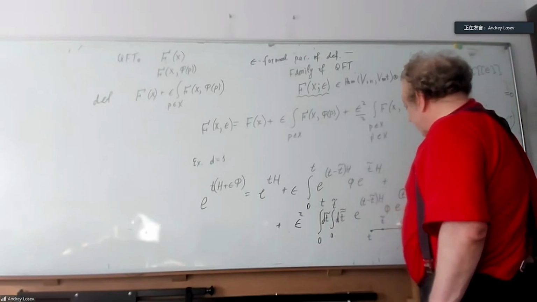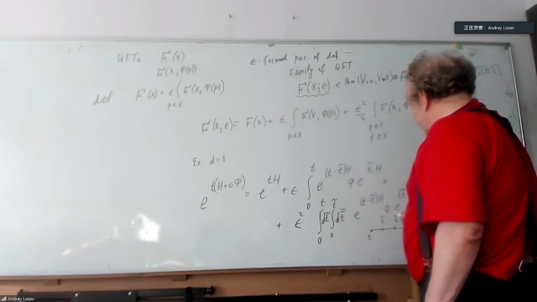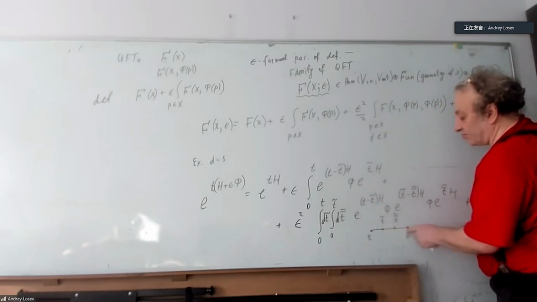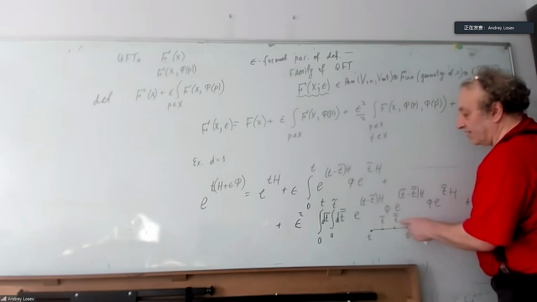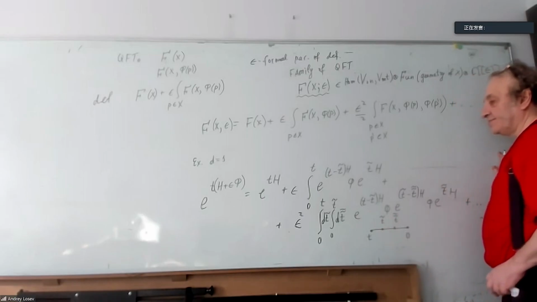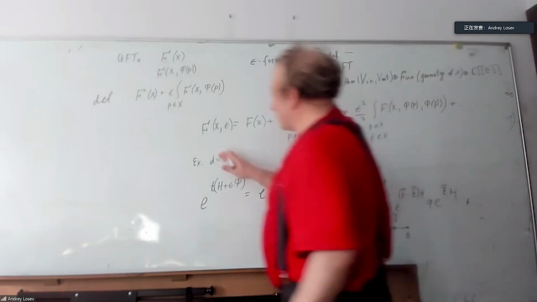It is t tilde, and this is t2 tilde. And I integrate over t tilde from 0 to t, and I integrate over t2 tilde from 0 to t tilde. So it is an example.